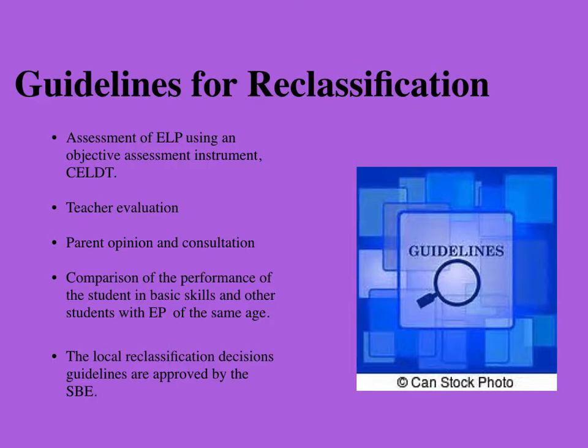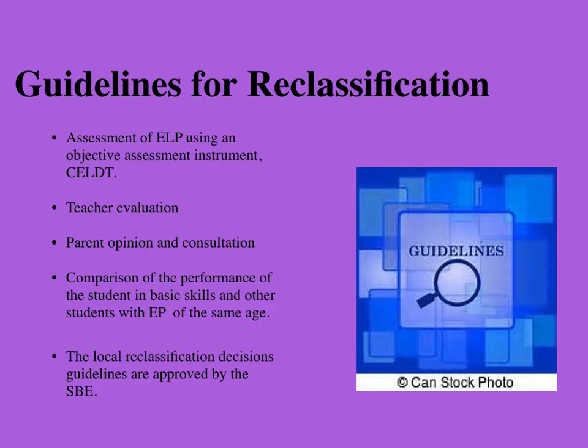Guidelines for reclassification. There are four guidelines for reclassification. First, assessment of the ELP using an objective assessment instrument, which is the CELDT, which is what we're looking at. Second, the teacher evaluation, so the teacher can determine if the student has reached the proficiency of English.